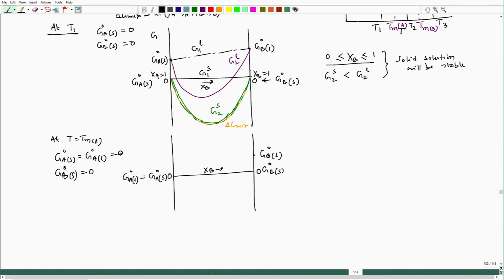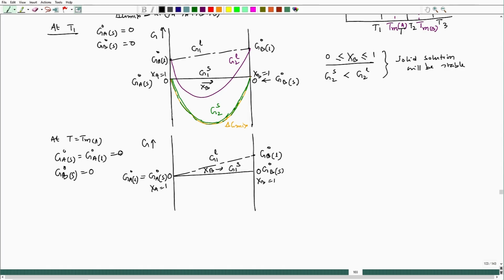This is G, the free energy, and the x axis is composition. So, this would be the line, this is G1 liquid, and this should be the G1 solid, which is the 0 line, at XB equal to 1 here and XA equal to 1 here.